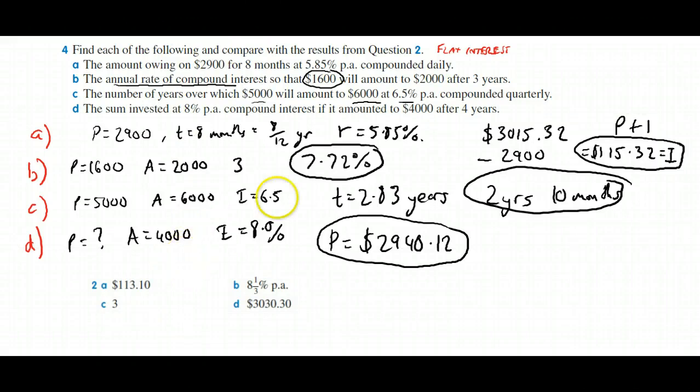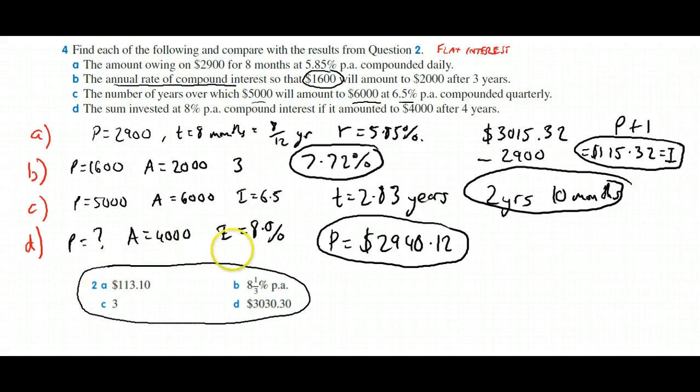Okay, now if we compare our answers for these 4 questions to the answers from question 2, in question 2 we had the exact same numbers, except that we were doing flat interest instead of compound interest.